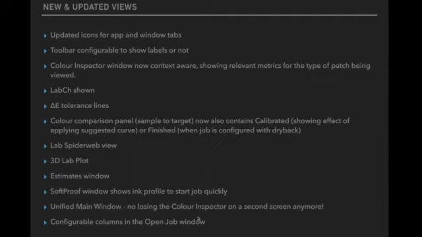That color comparison window now shows you a third area, which, depending on what you're pointing at, will either be the effect of a calibration curve if you're pointing at a tint, so it will say calibrated, or whether dryback is affecting the color.